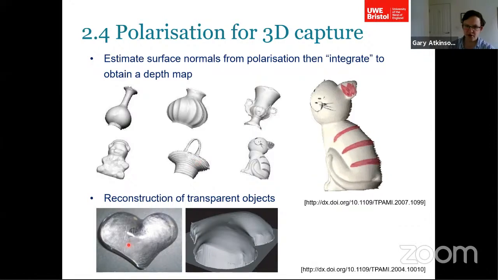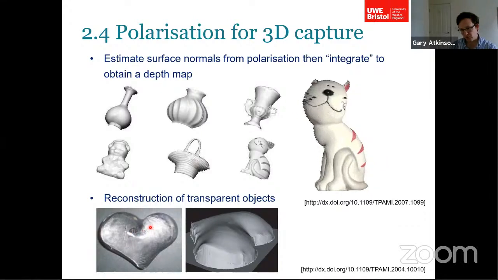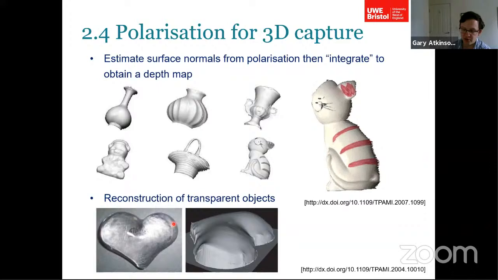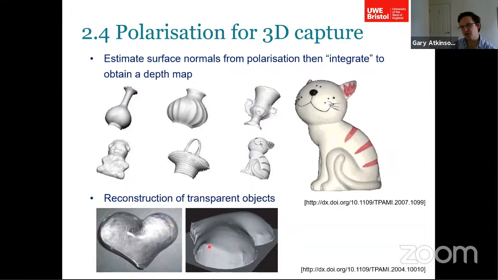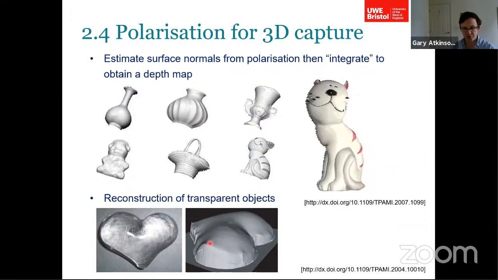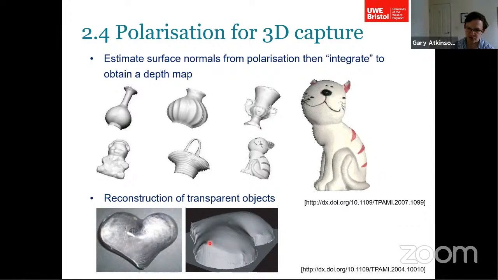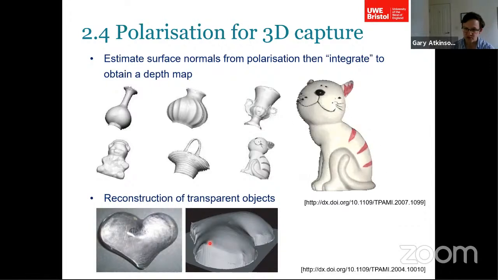For example, somebody I know, whom I've met a few times, who works at the University of Hiroshima in Japan, has applied this method to transparent surfaces. As you can imagine, a transparent surface is a nightmare to inspect because you can see through it.